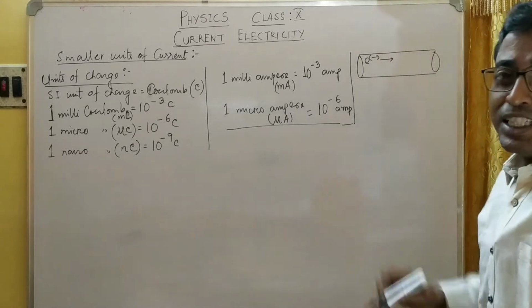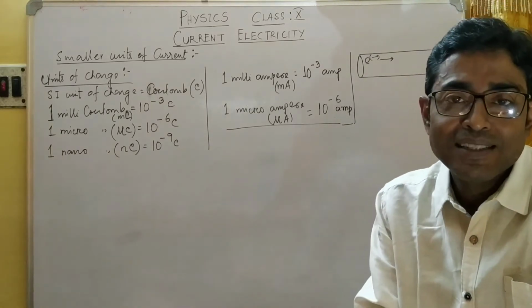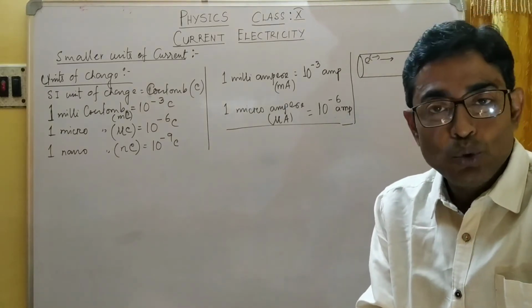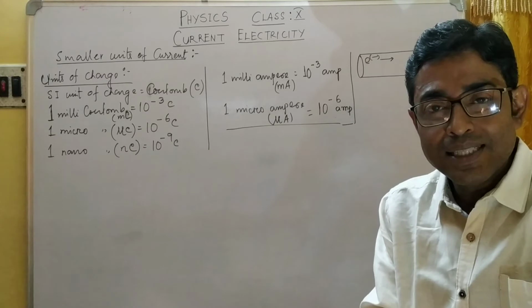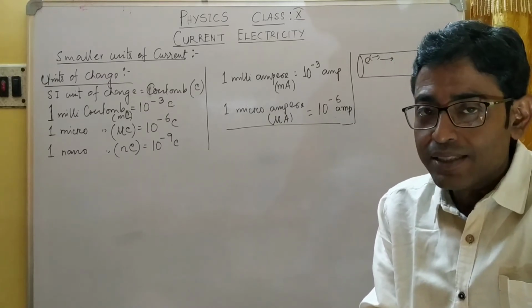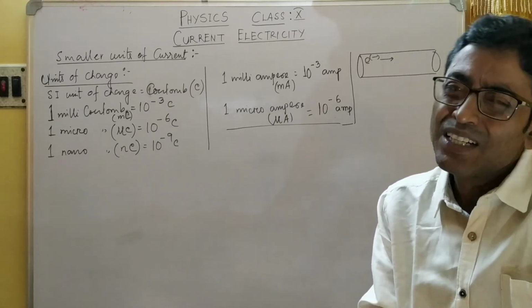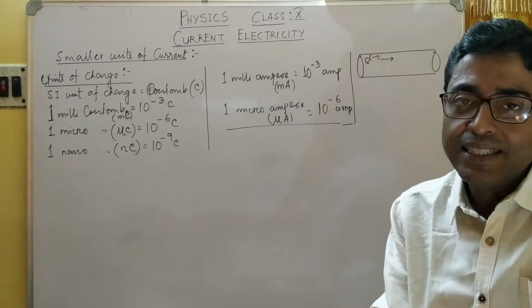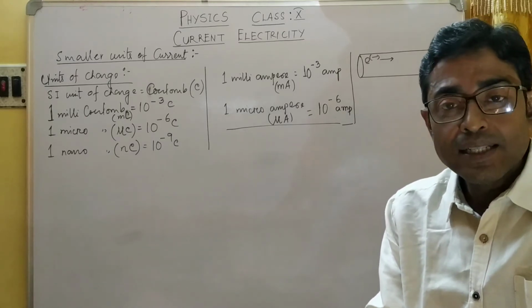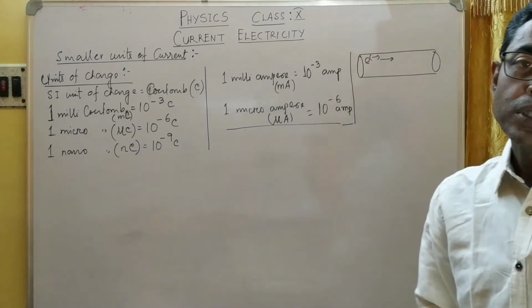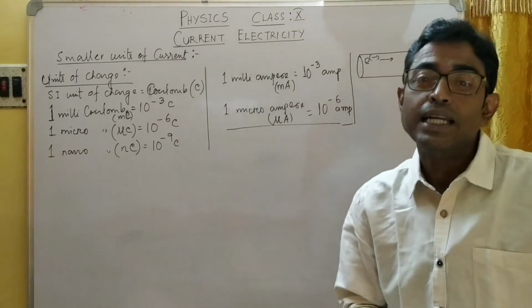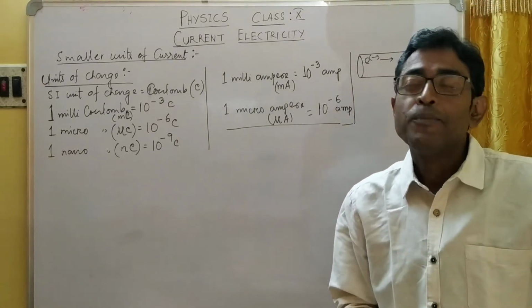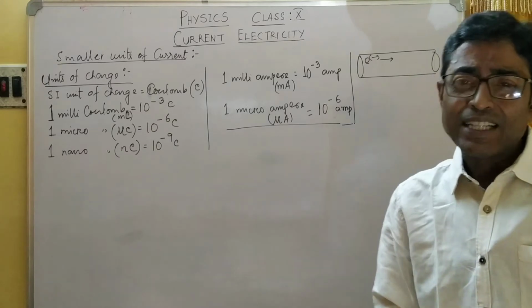We all know any substance in the world can be classified into two categories: conductors and insulators. These are class 8, 9 things. Conductors are substances which allow the flow of electrons through them, which have free electrons.